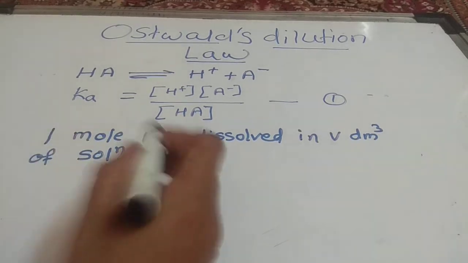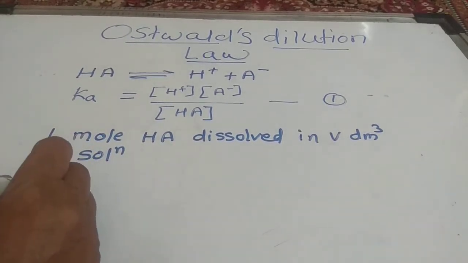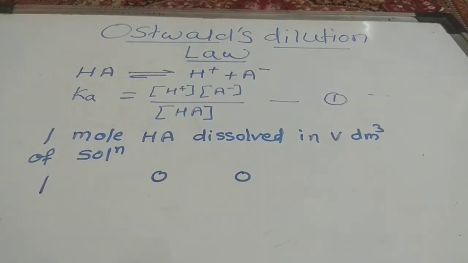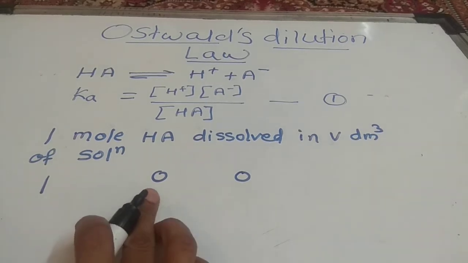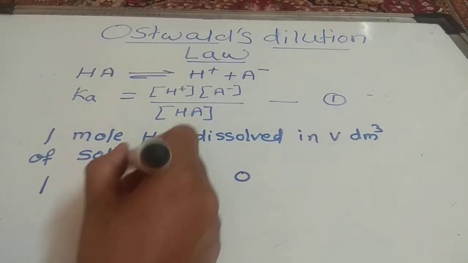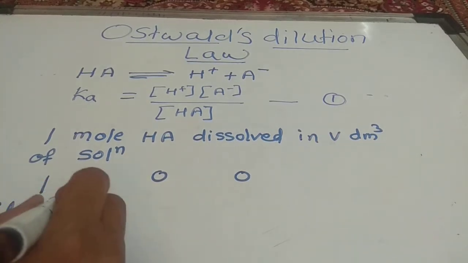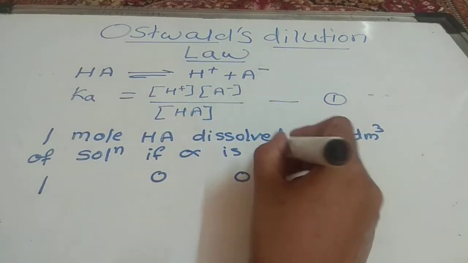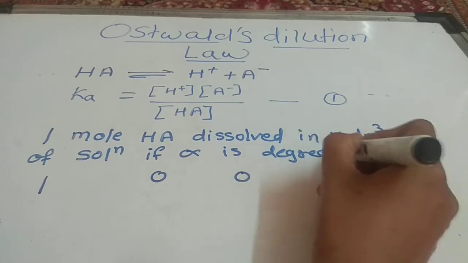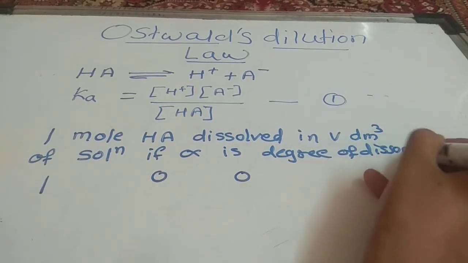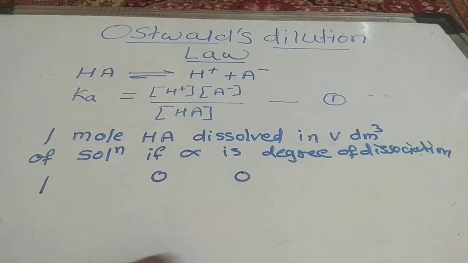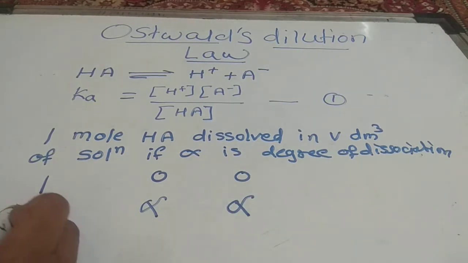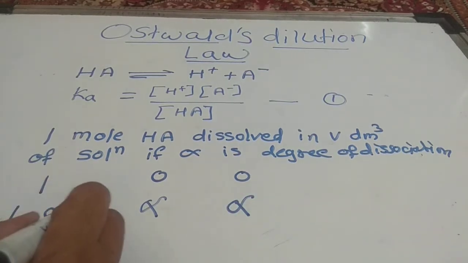Initially we are taking 1 mole of HA. HA is 1 mole, and H plus and A minus at time T equals 0 is zero. There is no reaction at that time, so degree of dissociation is 0. Then if alpha is the degree of dissociation, H plus will be alpha, A minus also alpha, and HA will be 1 minus alpha.